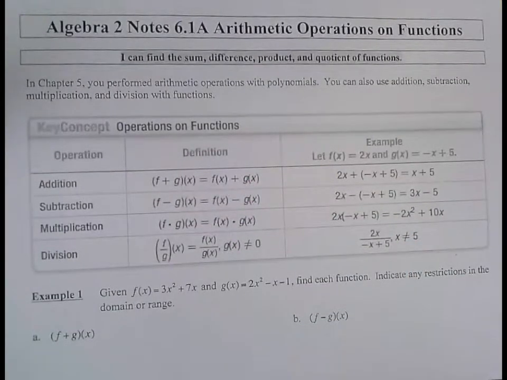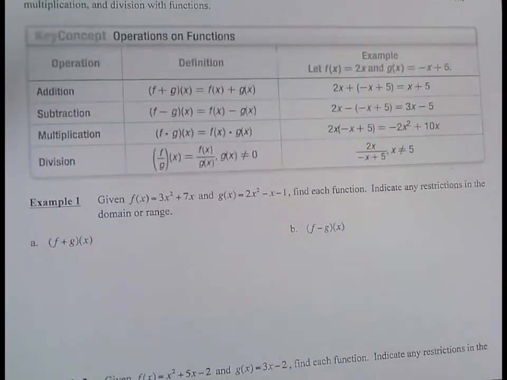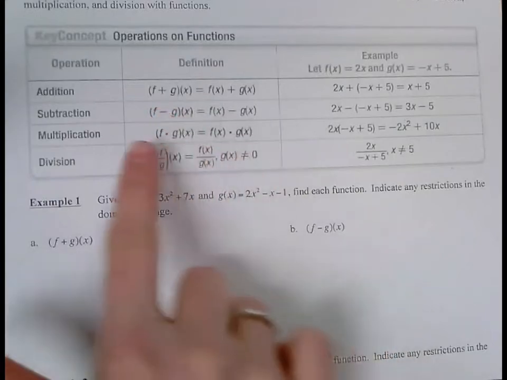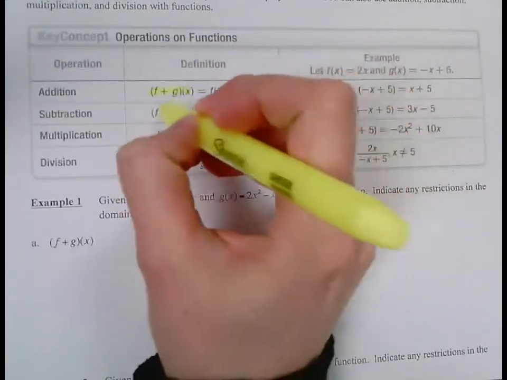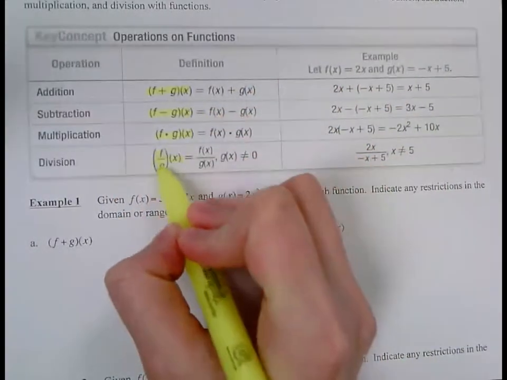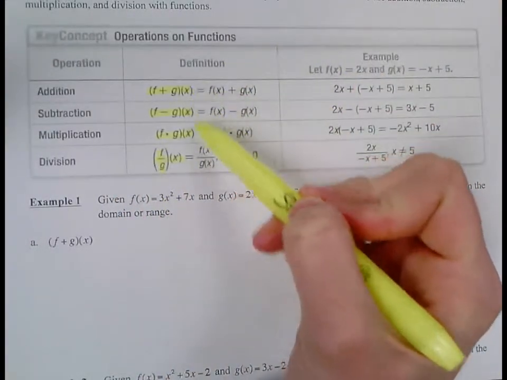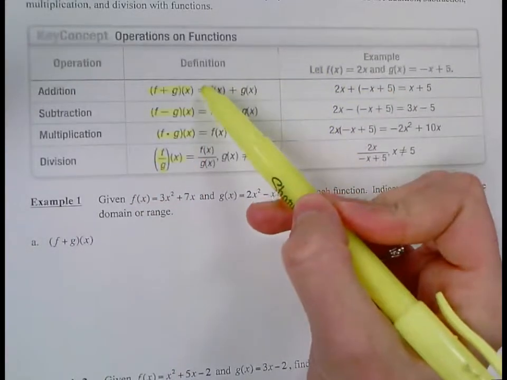So if you look at the box that's on here, what I'll highlight here in yellow is typically how the problems are going to be given to you. It'll say find, and then one of these four things that I just highlighted in yellow. You have to understand what that means. So the first one is just function notation.